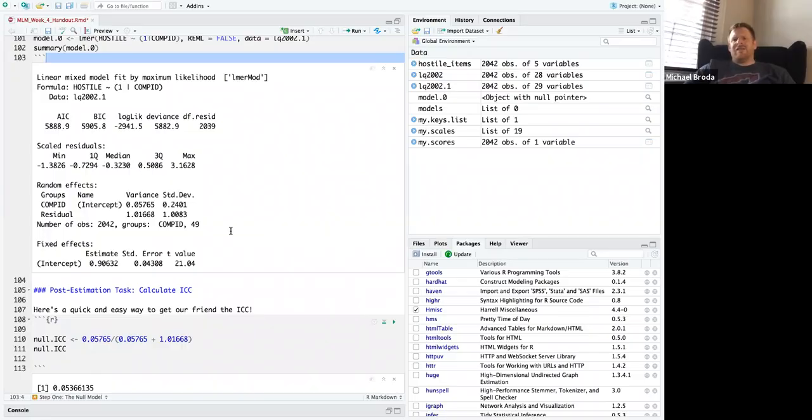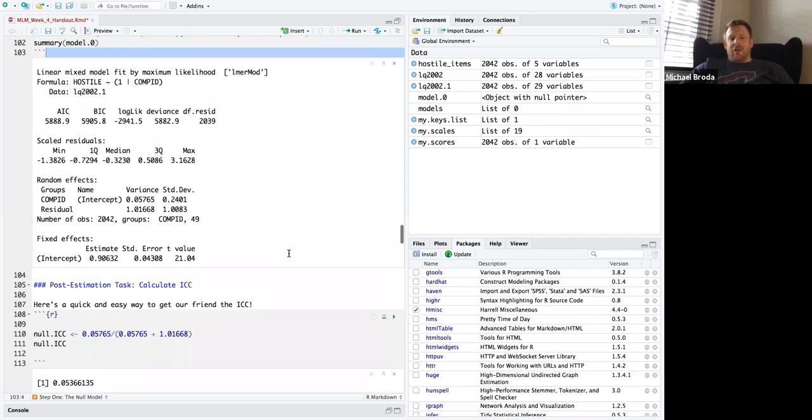The reasoning here is that, for whatever reason, the folks that develop a lot of the packages for multi-level modeling in R don't like to calculate p-values for a lot of this stuff, because they see it sometimes as not reliable. Simulation has shown that it's pretty reliable, that you can trust it. For example, in Stata and other packages, you do get p-values for everything, but it's just kind of the way it goes. So you get good at reading the significance levels for sure.